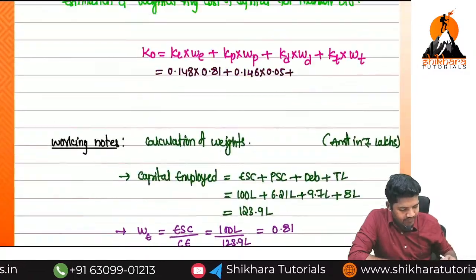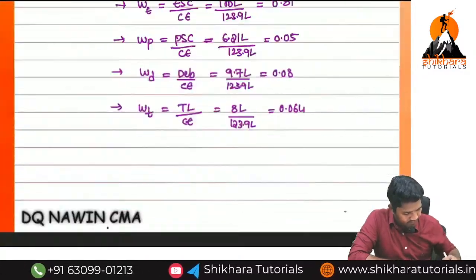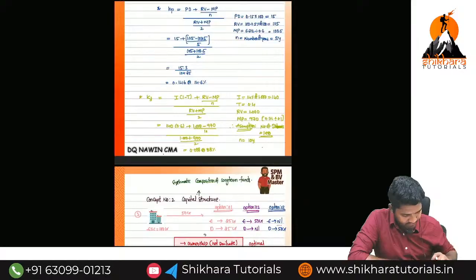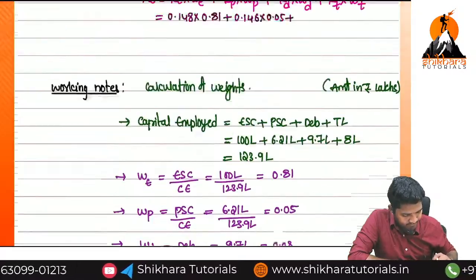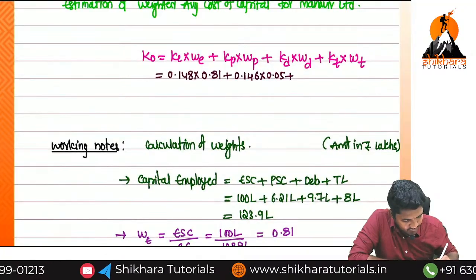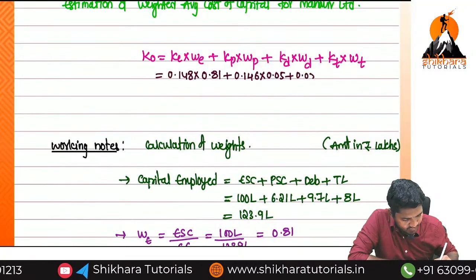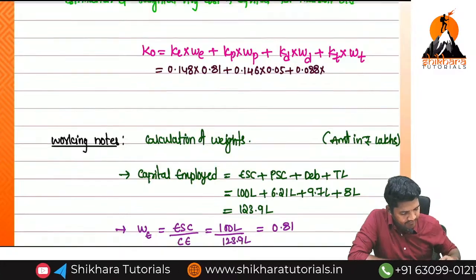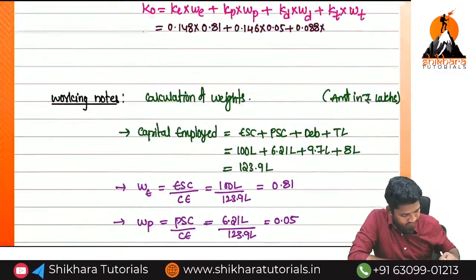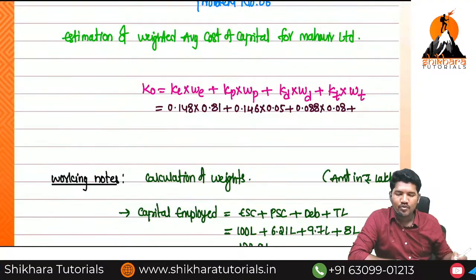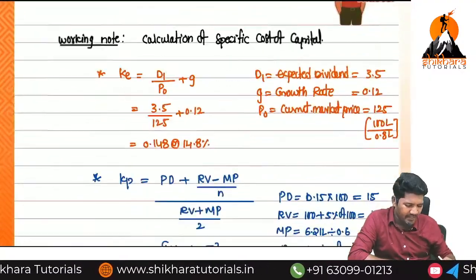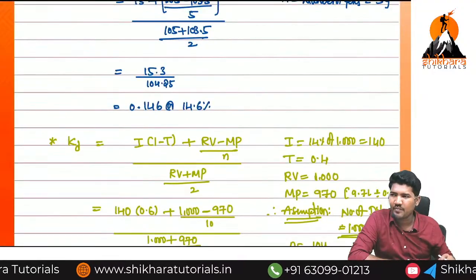Weight KD 0.08, KD 0.088. Weight of debt 0.08. So we missed one thing. Not missed, it's a basic calculation, that's why we missed.